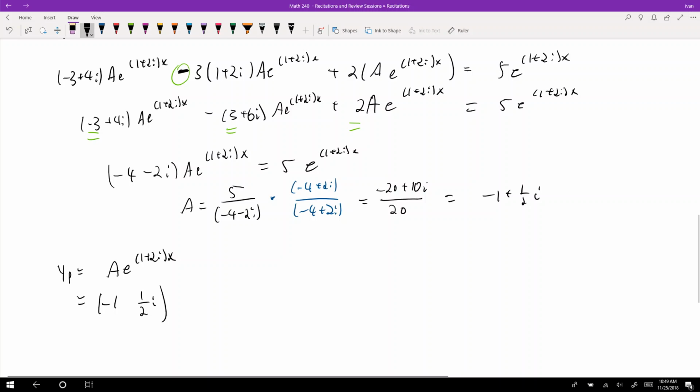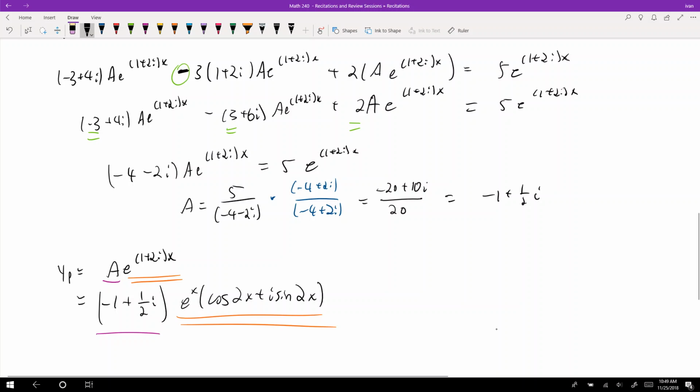And then what you want to do is we have to split up e to the 1 plus 2ix into e to the x times cosine 2x plus i sine 2x by Euler's formula, right? So this part is a, and then this part is that part, okay?